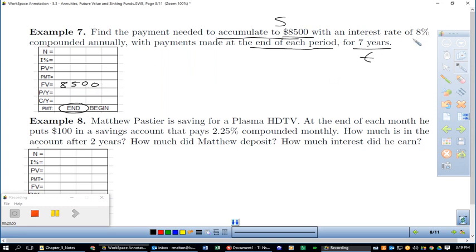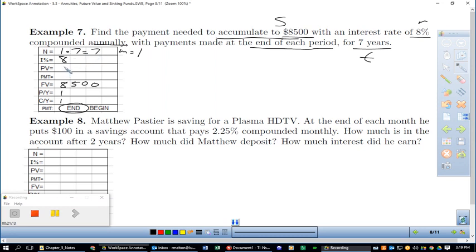With an interest rate of 8%, so that's R, so 8. Compounded annually, so M equals 1. So compounded once, payments once. 1 times 7 years, so N is 7.